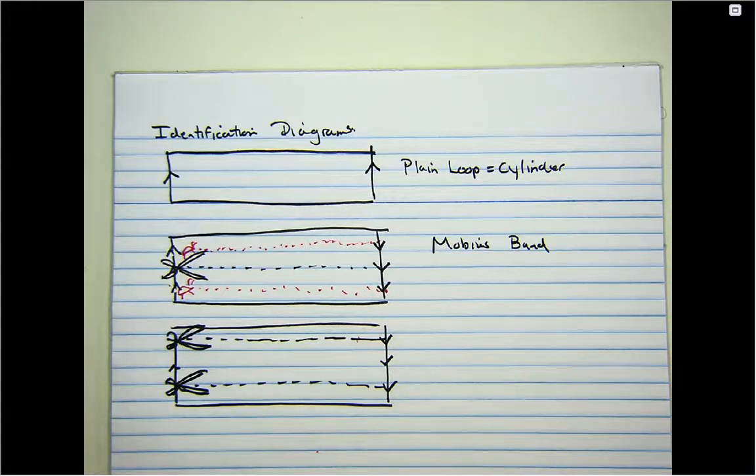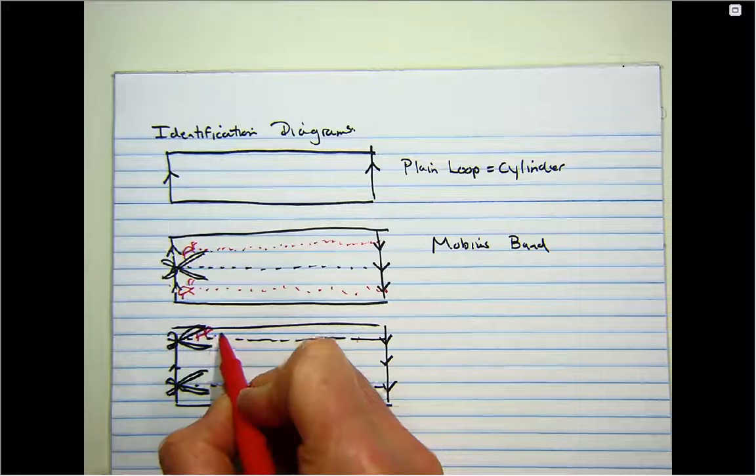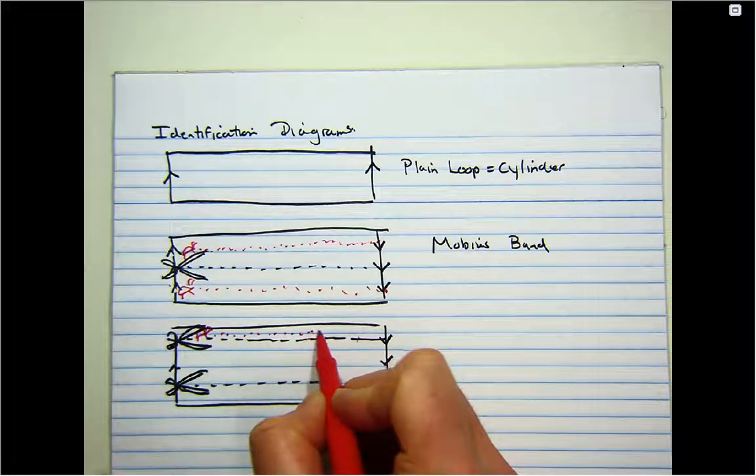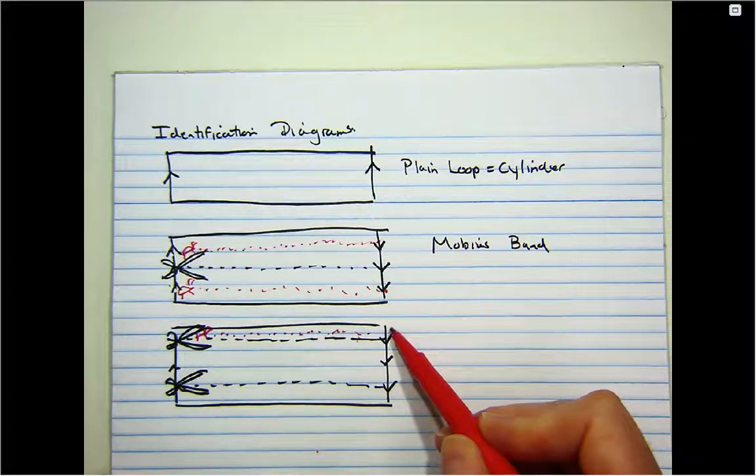So here comes the ladybug starting up here, walking along the edge, moving along, gets to this point in the upper right, and where does the ladybug end up after it gets to that point in the upper right? It's the same as what we talked about in the last identification diagram.